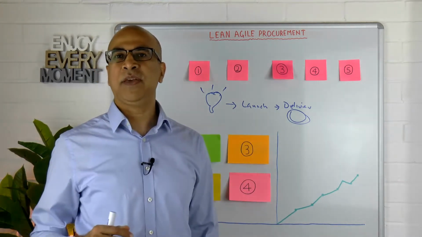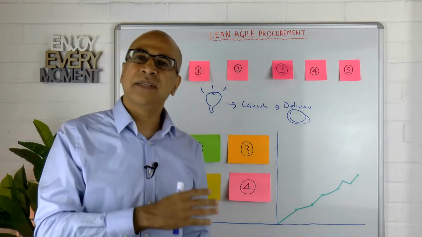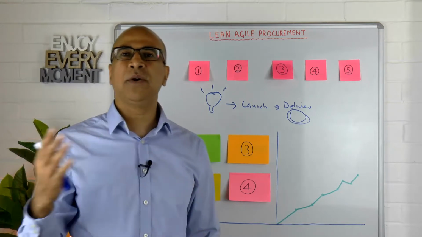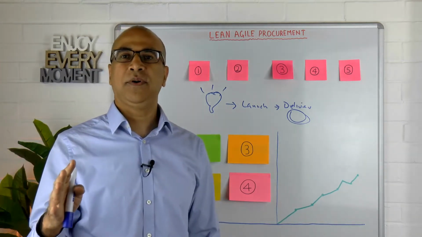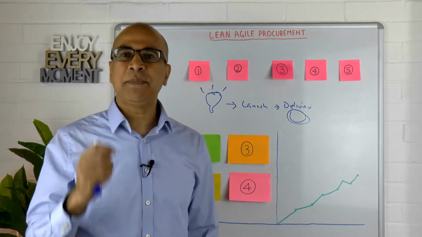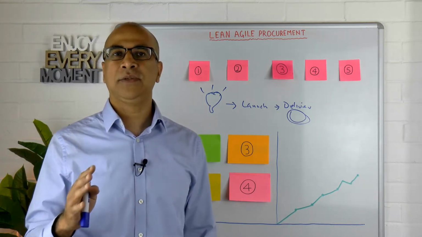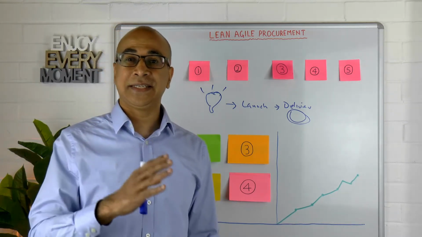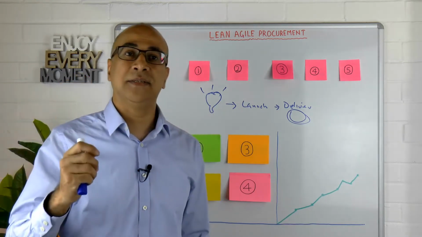Here's the problem. If we're setting up any type of complex project, whether it's building a refinery or drilling a well or installing an ERP system or any type of big project, we typically have a very long lead time to procure these items. And in many cases, it's in excess of 6 months. And in some cases, I've actually seen even years.